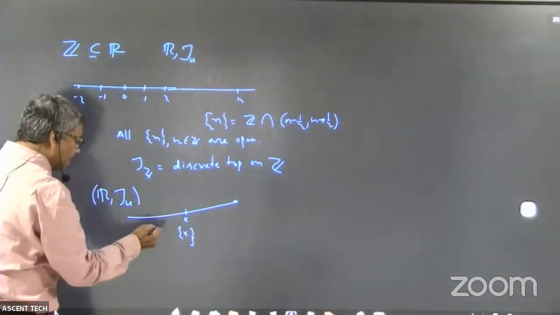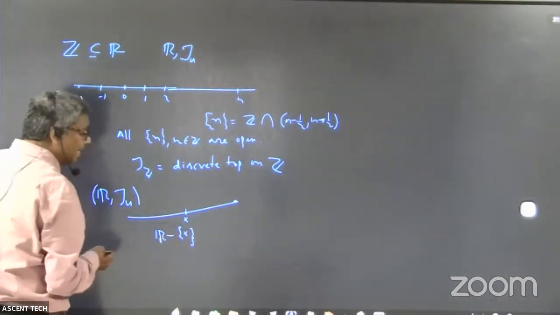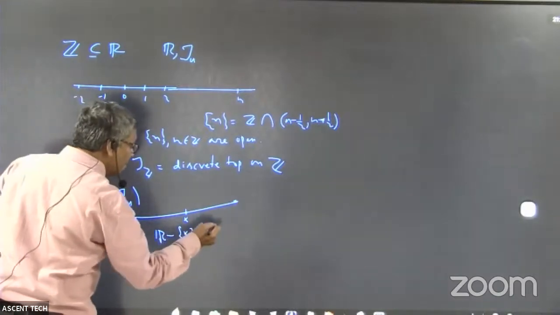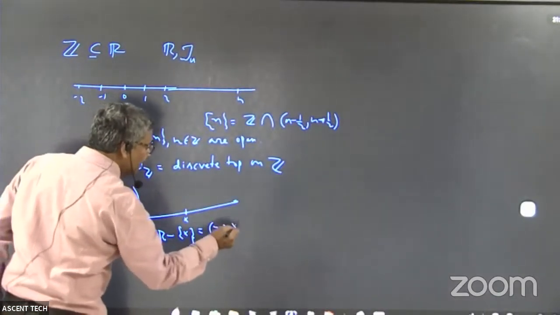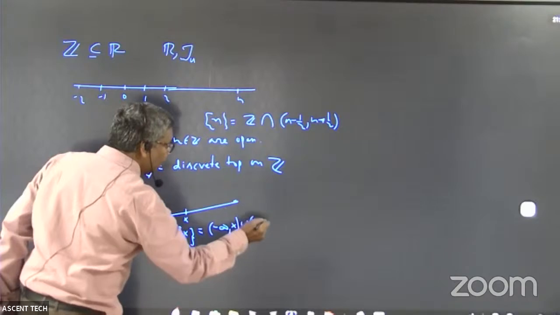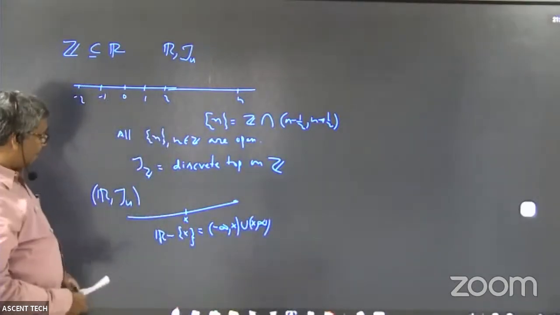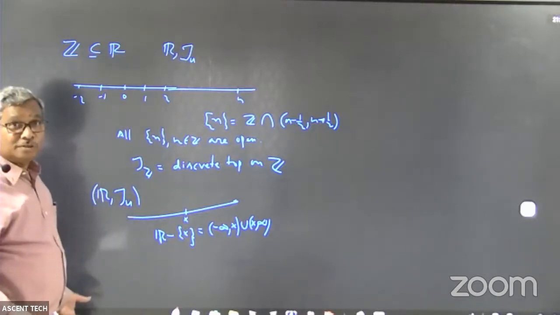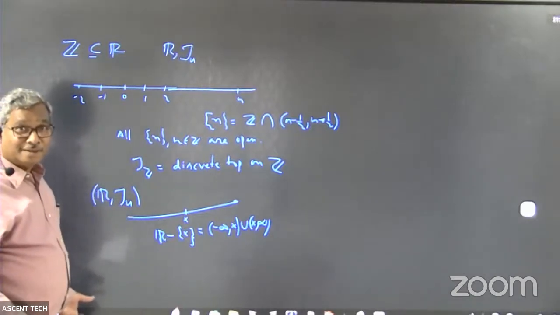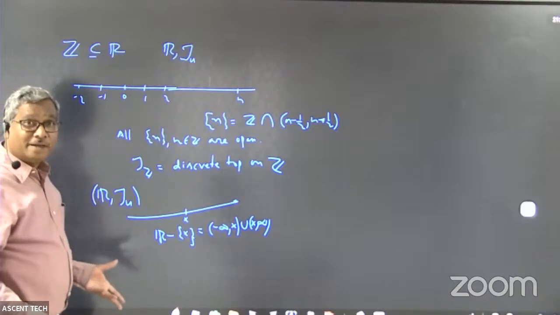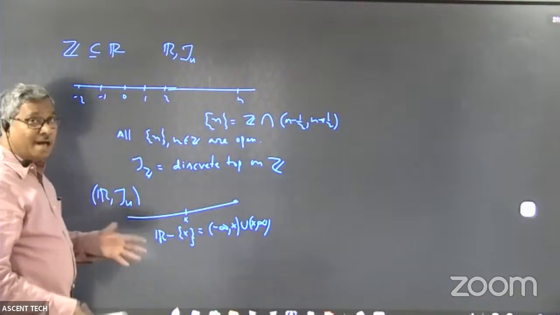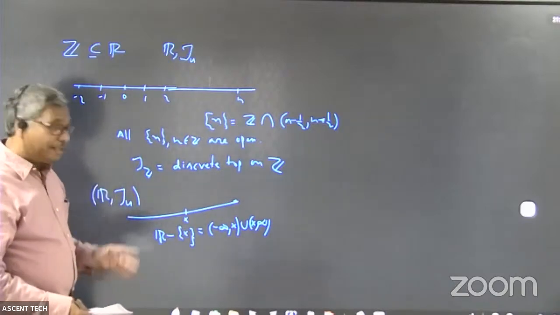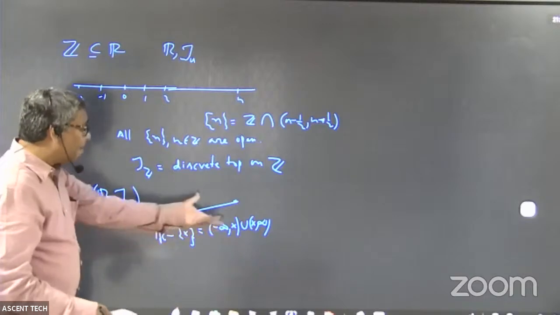Singleton {x} is closed because R minus {x} is (-infinity, x) union (x, infinity). That's an open set. So singleton elements in R are not open. They're only closed. They're not open because the complement is not closed.